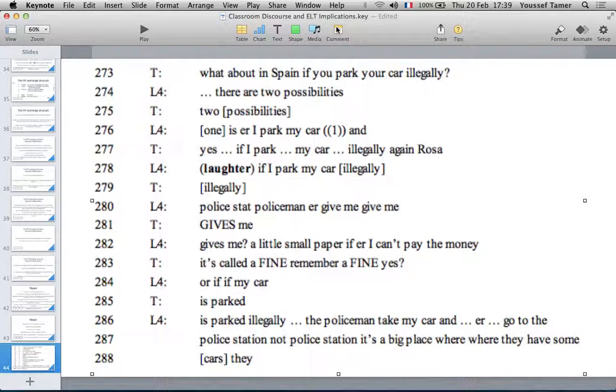There is this learner 4 who says 'policeman, give me', and then the teacher says 'gives me'. Okay, so this is an example.